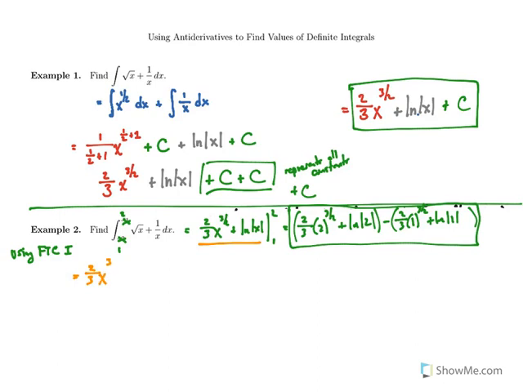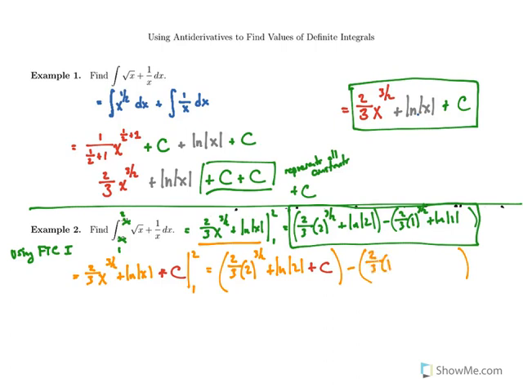If I had 2/3 x to the 3/2 plus natural log of absolute value of x plus a constant c, and I evaluated that from 1 to 2, well, I would take 2/3 times 2 to the 3/2 plus natural log of 2 plus the constant, and subtract off all of that where I plug in 1, plus the constant.